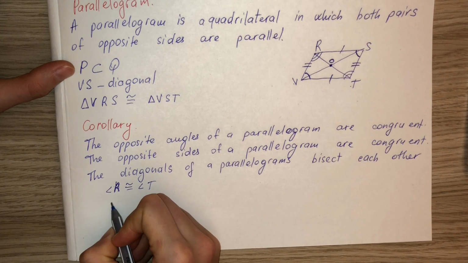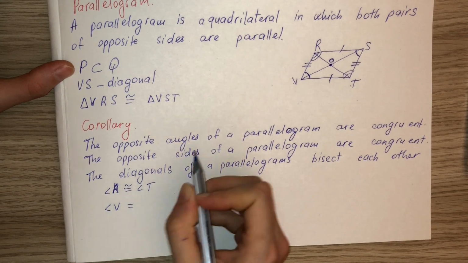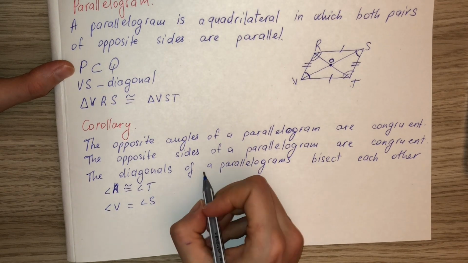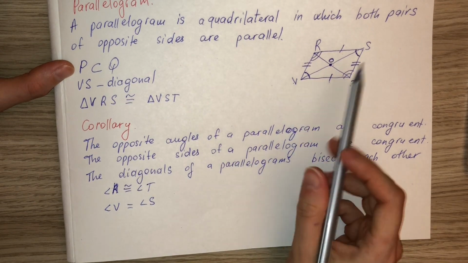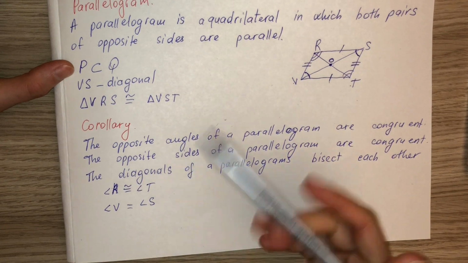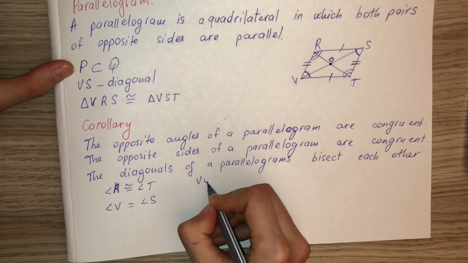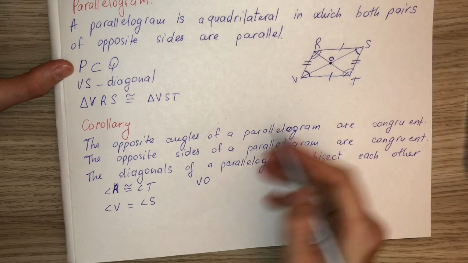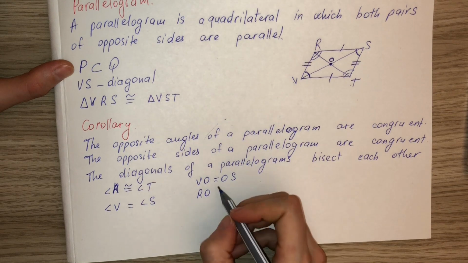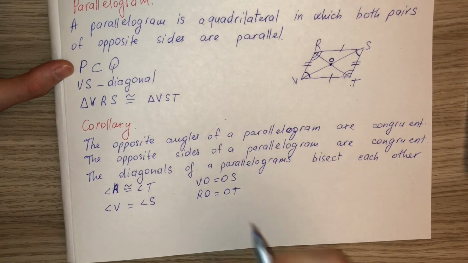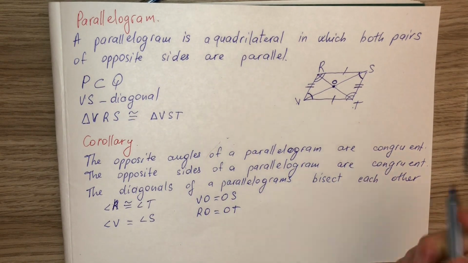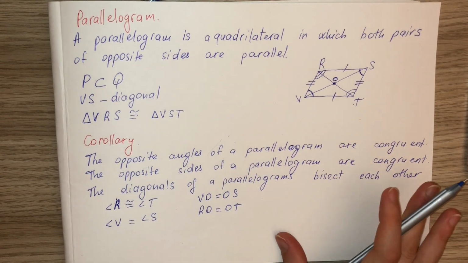Also, the angle V is equal to angle S, and the diagonals VS and RT bisect each other, and VO is equal to OS. RO is equal to OT. So this is brief information about parallelogram.